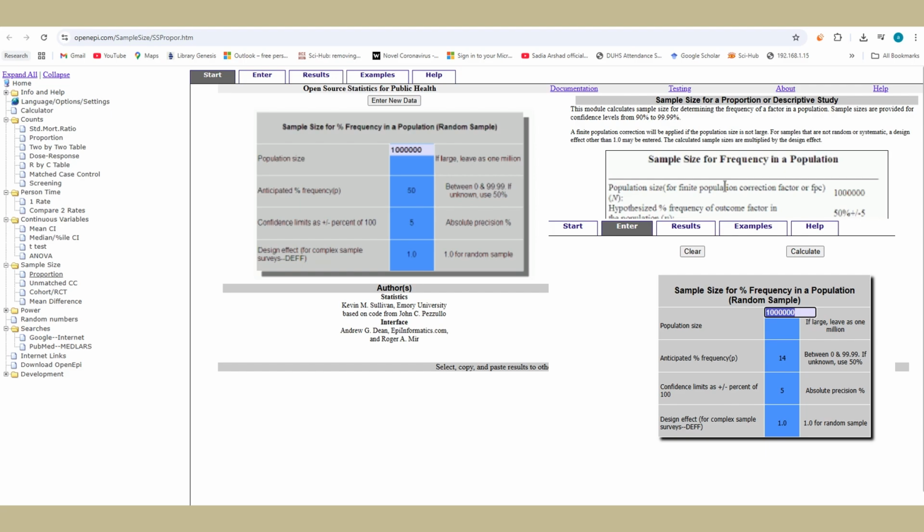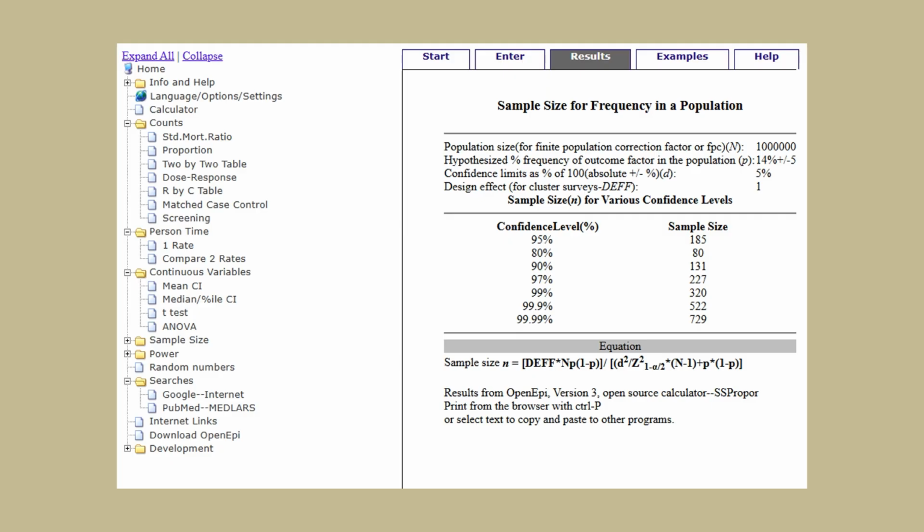For proportion studies, we use this formula. We consider 14% prevalence for smoking. Here the calculated sample size at 95% confidence level is 185 participants.